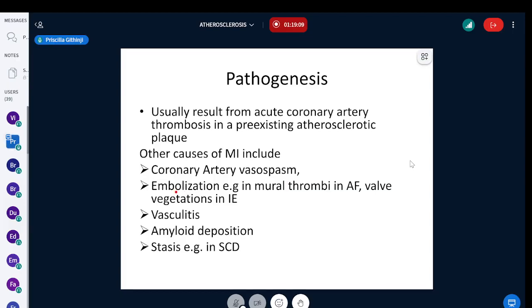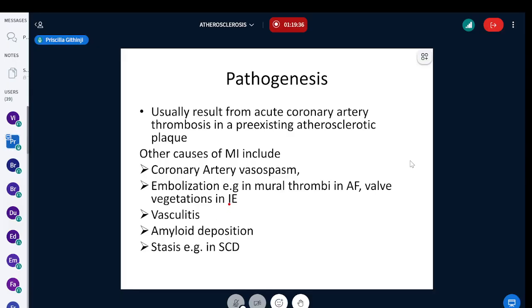So you have clots coming from other vascular beds. Like, for example, you can have a mural thrombus that occurs in atrial fibrillation. A mural thrombus is a clot that forms within the heart chamber. Then when you have atrial fibrillation, the clot dislodges and can lodge into any of the coronary arteries. Or you can have valve vegetations in patients who have infective endocarditis.